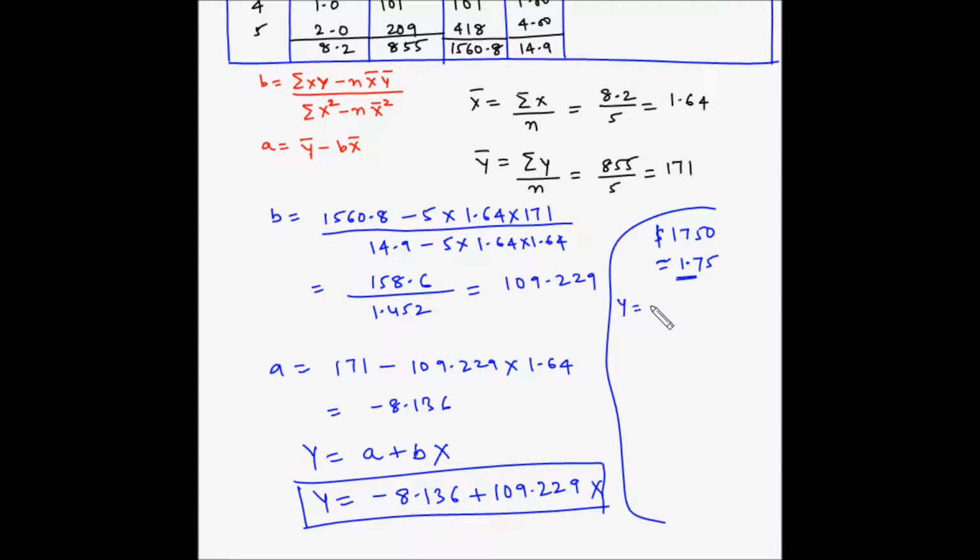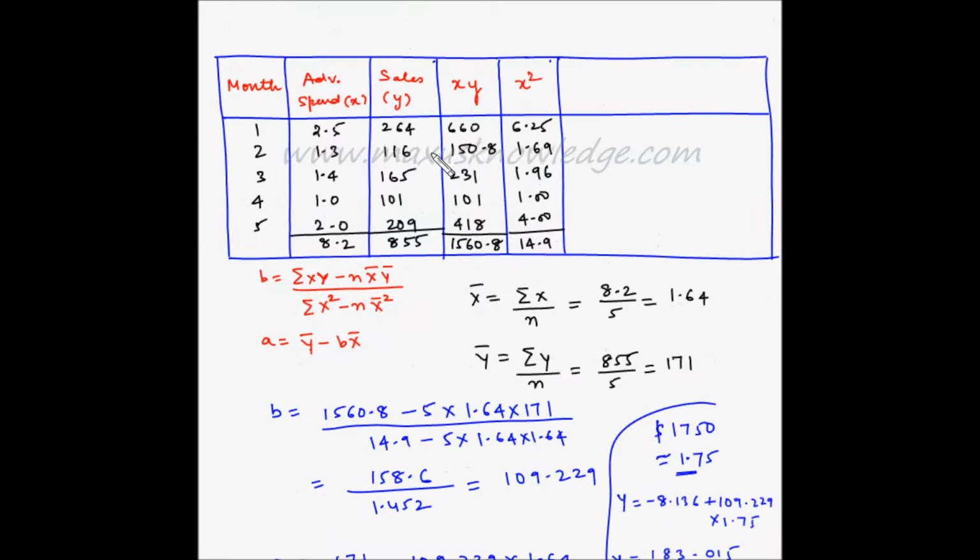So Y is equal to minus 8.136 plus 109.229 multiplied by 1.75. So this is equal to 183.015, and this is the value of the forecasted sales for the next month.